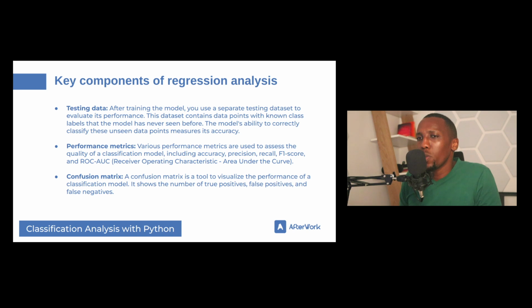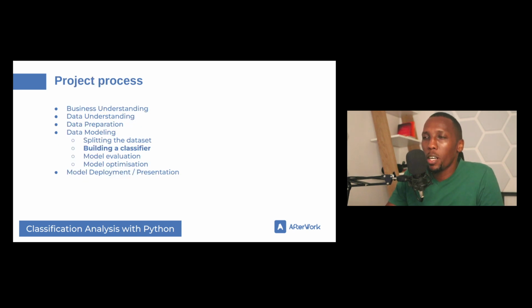Lastly, we'll also go through what is called a confusion matrix, which is a way to visualize the performance of a classification model using true positives, false positives, false negatives, as well as true negatives. Don't worry so much about what they mean, as we'll also demonstrate that during our practice work.